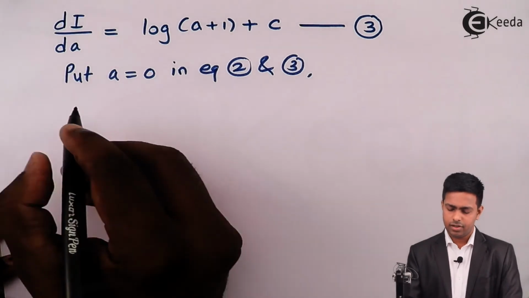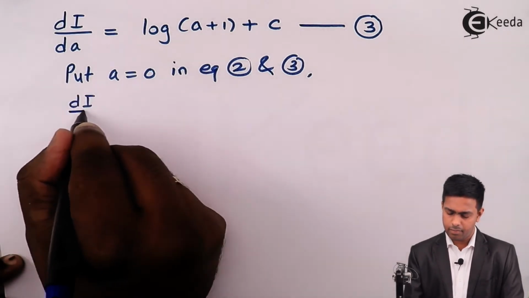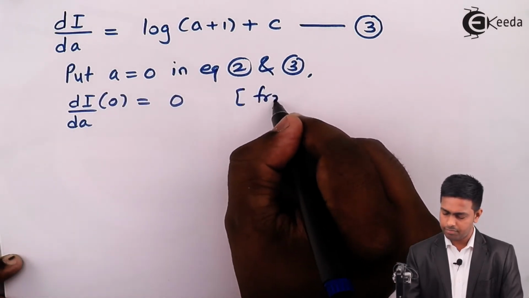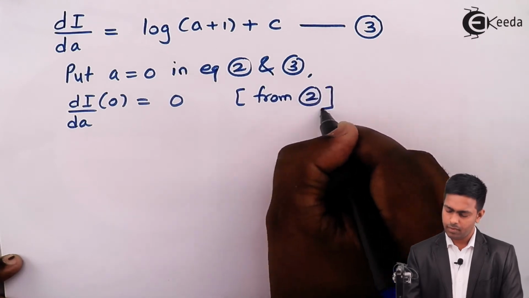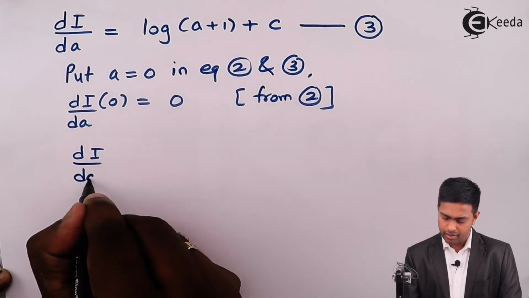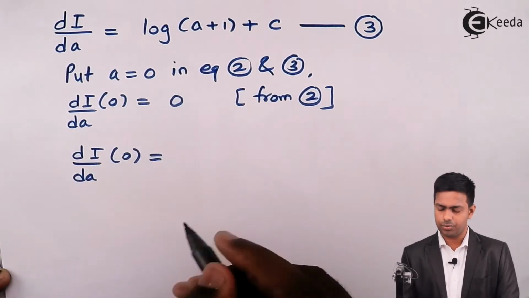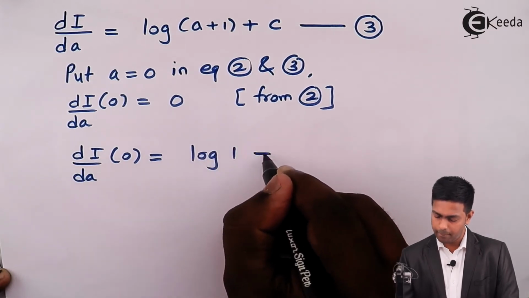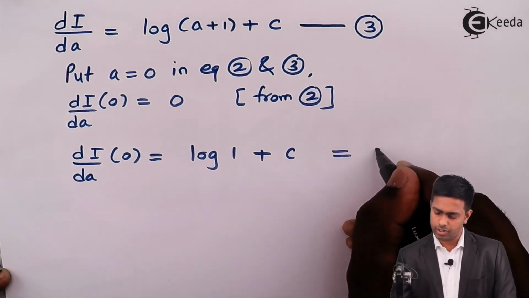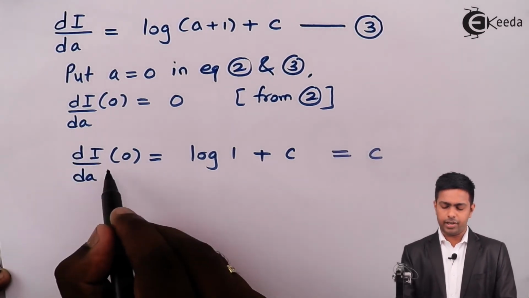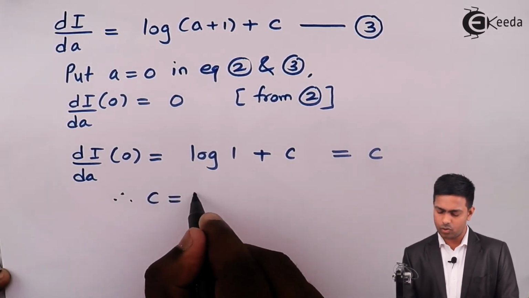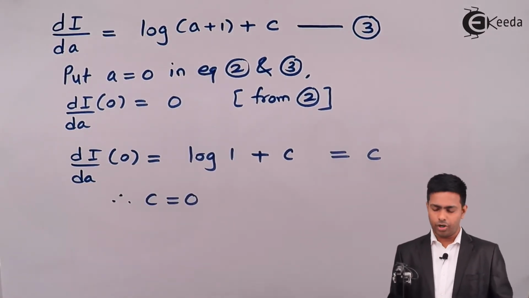So by doing this, we will get di by dA by putting a as 0 from 2, and if we put it in 3, then we will get di by dA of 0 is equal to log of 1 plus c, and log of 1 is again 0, so we will get only c. Now the value of di by dA of 0 is also 0, so it means 0 equal to c, therefore I can say c is equal to 0. So guys, we got the value of c as 0.